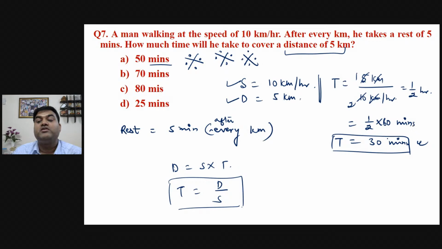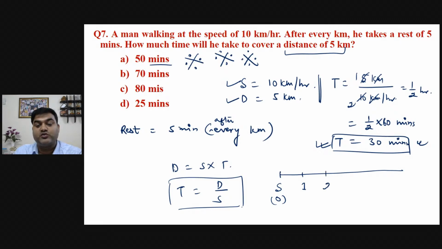Now try to find out the total time, how much time it will take, because the travel time is 30 minutes, but it has got waiting time also, no? How much is the waiting time? Let's try to understand. Considering the person is starting from here, this is the starting point, 0 kilometer, right?